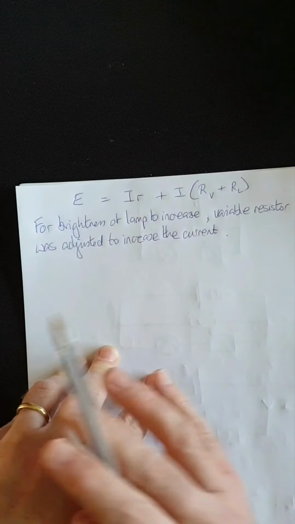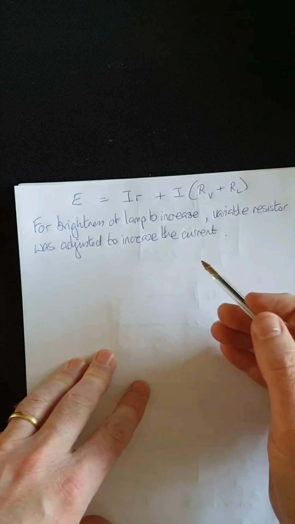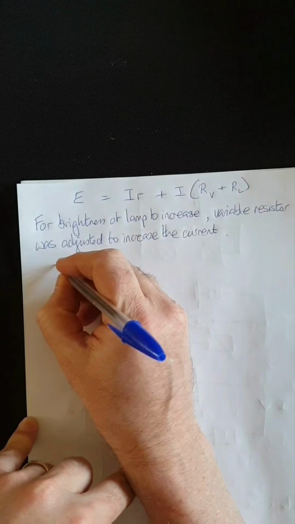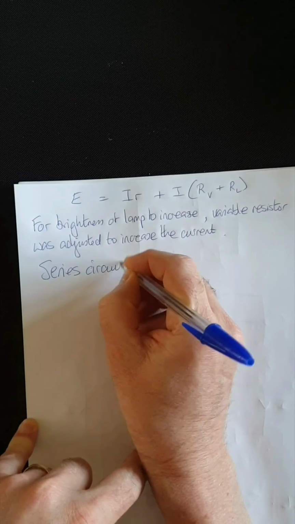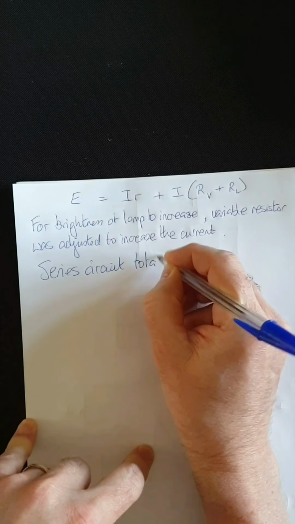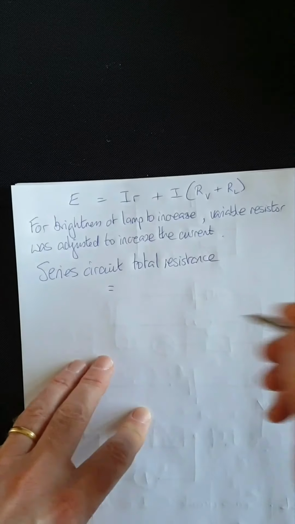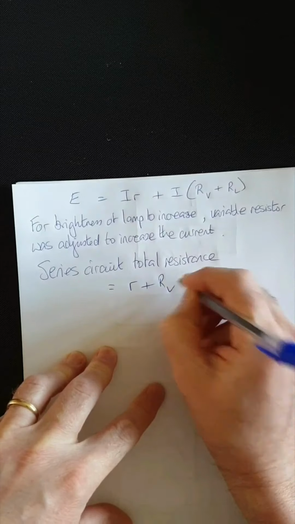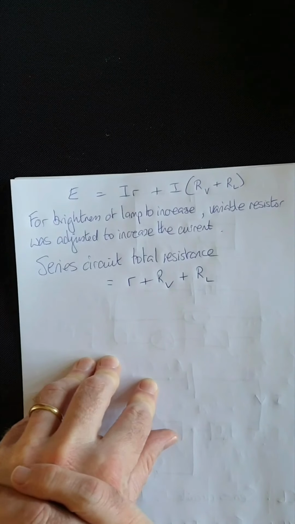Now to increase I, we need to make sure that we have a lower overall resistance. It's a series circuit, so the total resistance is equal to the internal resistance plus the resistance of the variable resistor plus the resistance of the lamp.